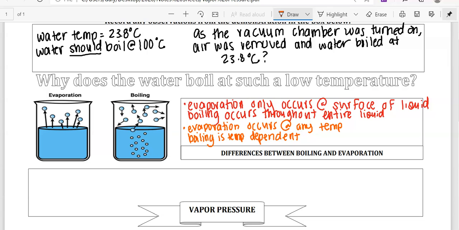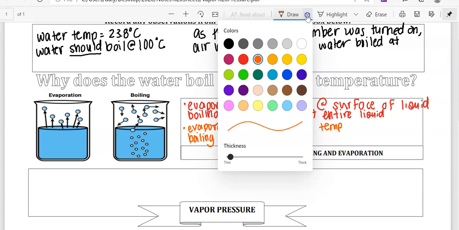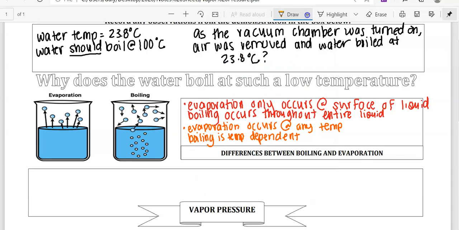So vapor pressure is one of those definitions in chemistry that was always really hard for me to understand, the textbooky definition of it. So I'm not going to give you the textbooky definition. I'm going to try to define this in a way that will make it a little bit easier for you to understand.